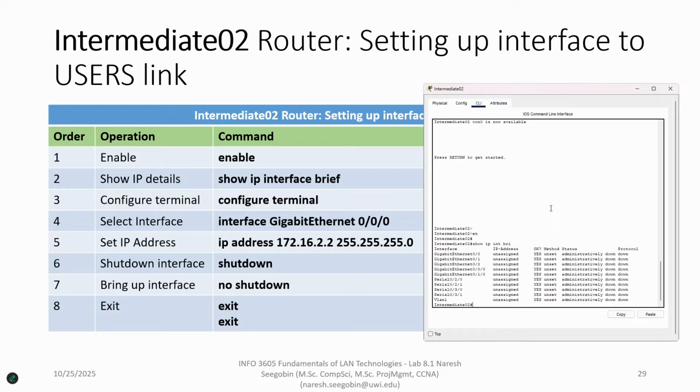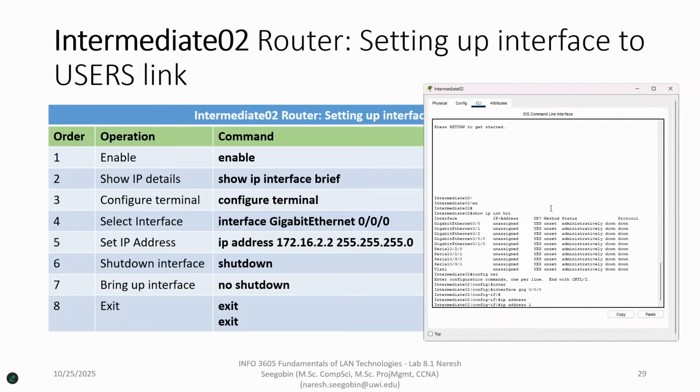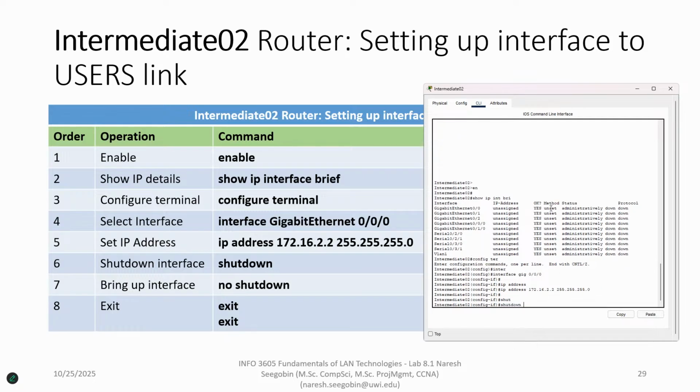Show IP interface brief, so you'll notice nothing set, right? We're going ahead. Right, first fiber link, IP address. Do a shut, no shut.